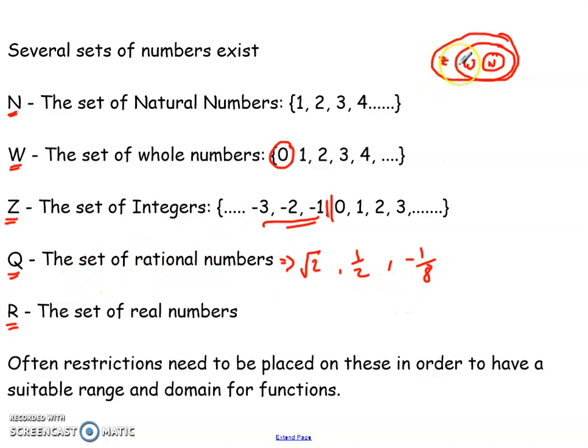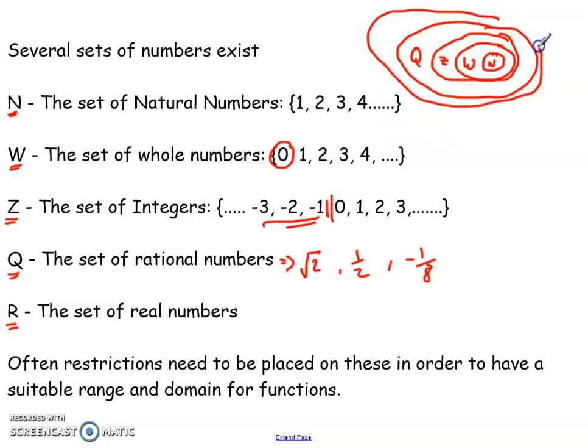My set of rational numbers can then be taken beyond that as well. Now remember, rational numbers are numbers that can be written as an exact value. Integers are exact values, so that's included in it as well. Then I can expand it even further to take into account my full set of real numbers, so all the numbers in existence. So we can use those to our advantage, help us limit our range and our domain, make our calculations easier.